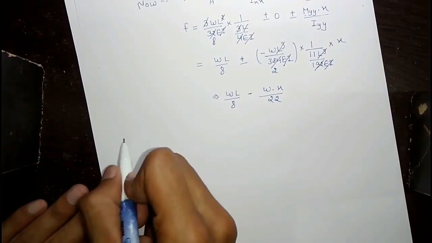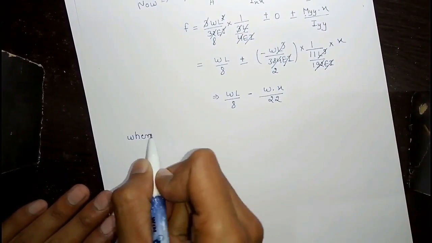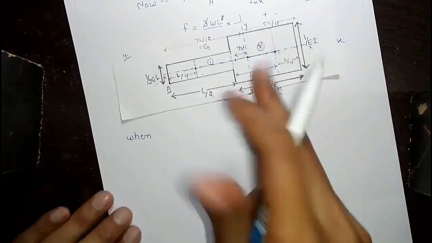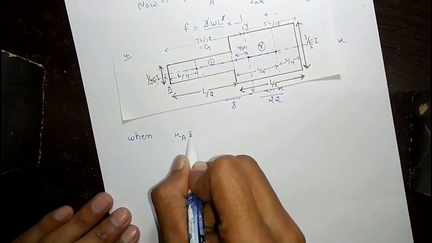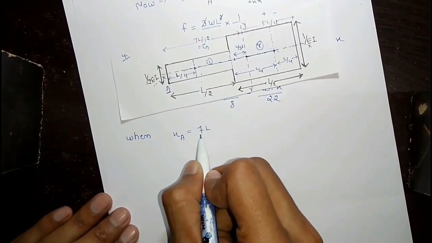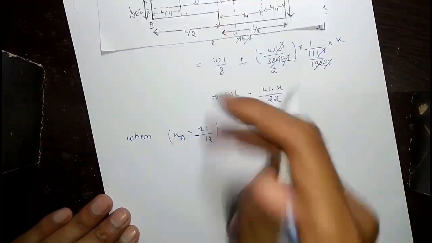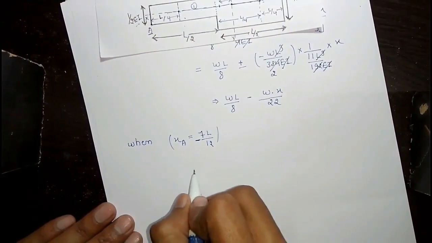Okay, now x at A is to the left of the y axis, so it will be equal to negative 7L by 12.